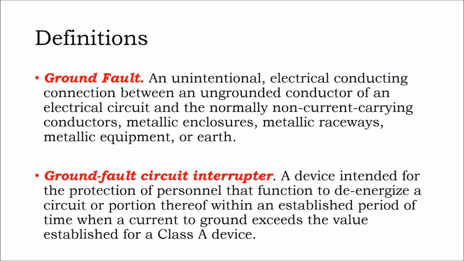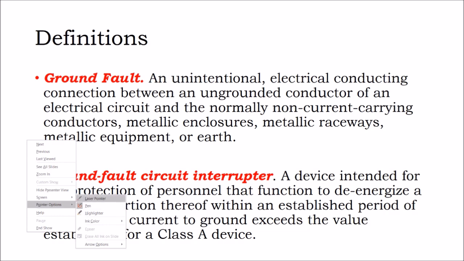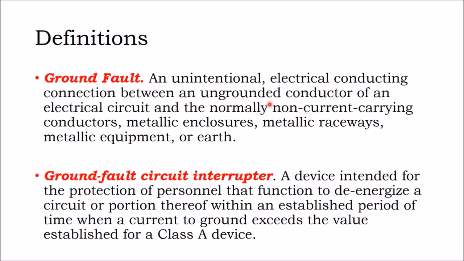Now, a ground fault occurs when there's an ungrounded conductor. So that's a hot conductor that's full of voltage. And then you have a normally non-current carrying part. And so there's accidental connection between an energized cable and a metal part or earth.